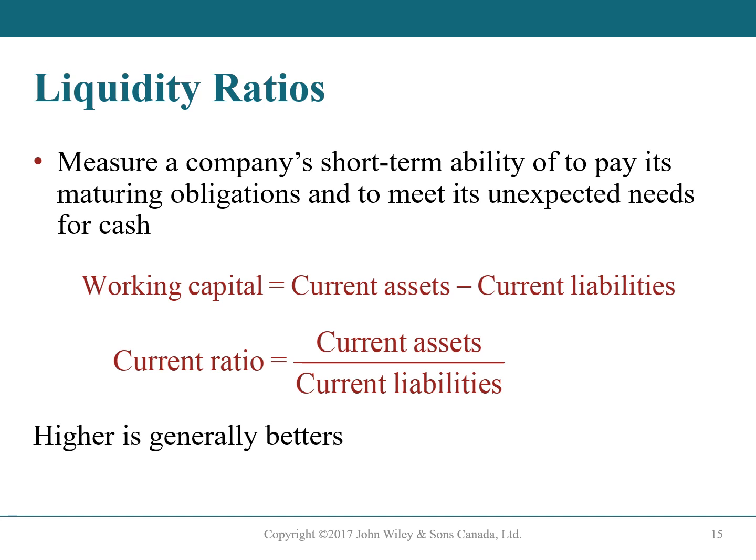Examples of liquidity ratios include working capital and current ratio. Working capital is equal to current assets minus current liabilities, while current ratio equals current assets divided by current liabilities. Higher is generally better.